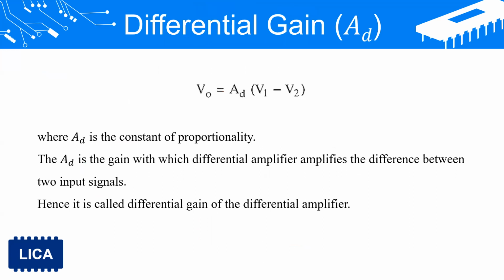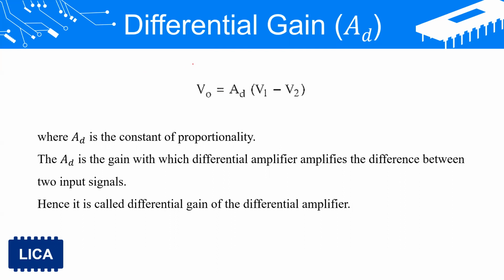Then the differential amplifier consists of three important parameters we are going to discuss now. The first one is the differential gain, AD. Now we will study the differential gain, AD.